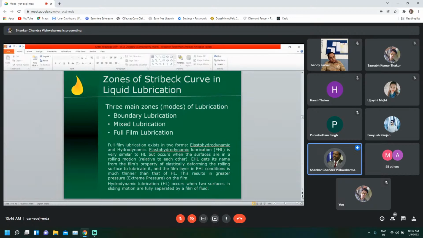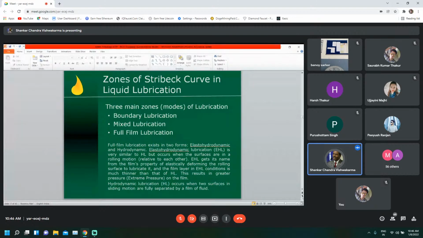So you see, whenever there is an asperity in contact, what will happen at the contact point or contact line? There will be generation of a very high level of pressure. We call it extreme pressure, and under that extreme pressure, a lot of deformation will take place, maybe plastic deformation, or because of excessive heat generation, there will be a change in the microstructure and micro hardness, softening of the material, and in turn it will cause wear of the particles.